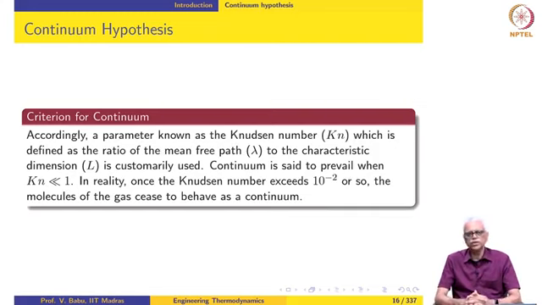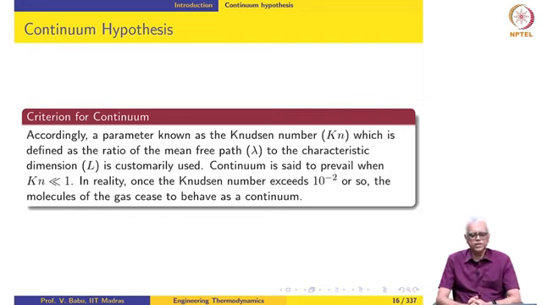Once it increases to 10 raised to minus 2 or above, then we cannot safely assume that continuum prevails, and the effect of rarefaction, meaning fewer molecules in the gas, will become more pronounced as the Knudsen number becomes higher and higher. But the general guideline is that it should be below 10 raised to minus 2, and the smaller the better for continuum to prevail.